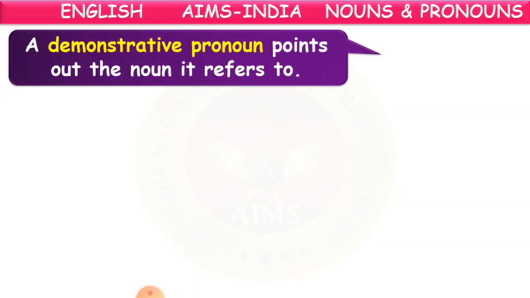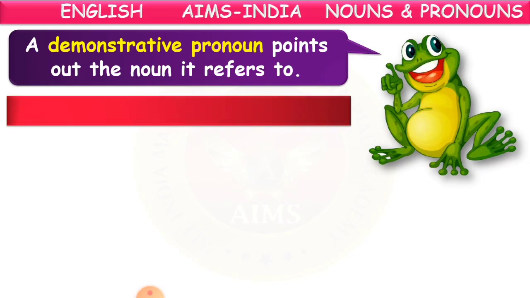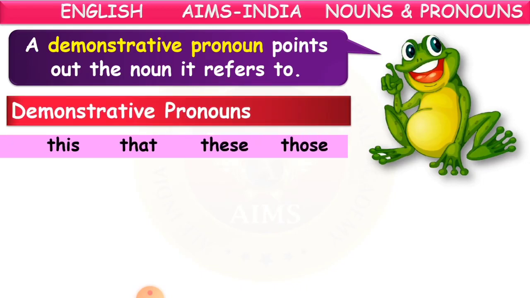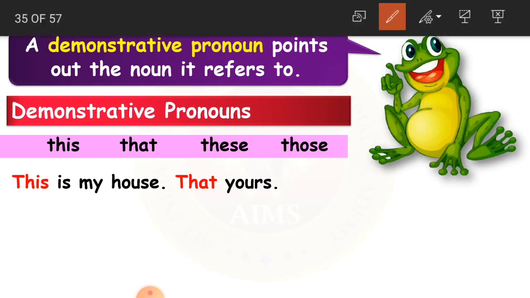Now, a demonstrative pronoun. A demonstrative pronoun points out the noun it refers to. What does a demonstrative pronoun do? It points out the noun it refers to: this, that, these, those. Suppose in this example sentence, house is the noun.